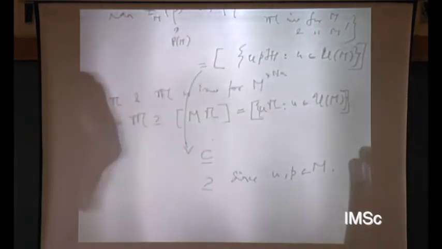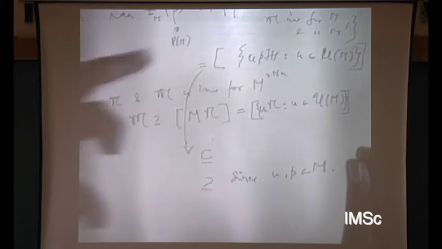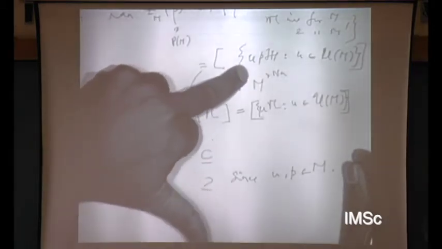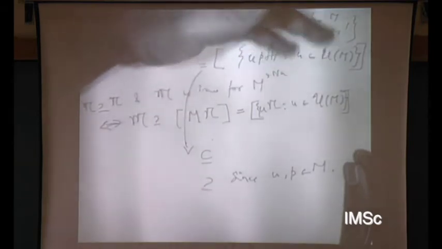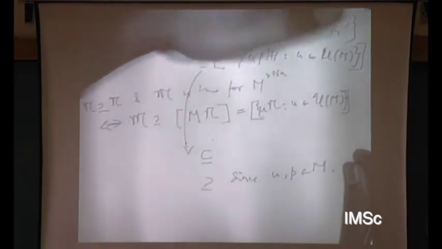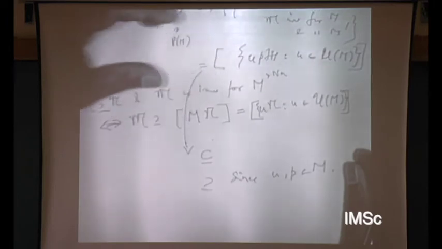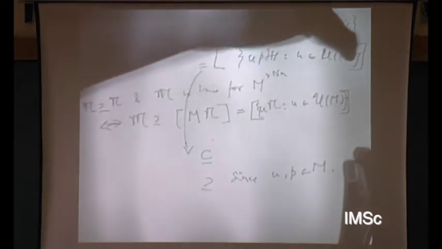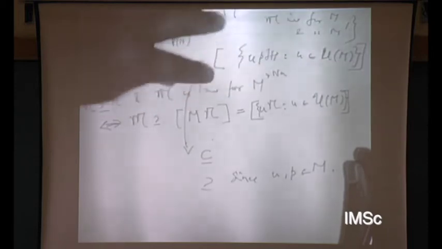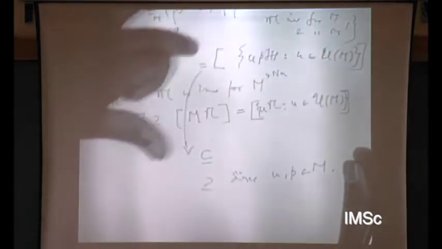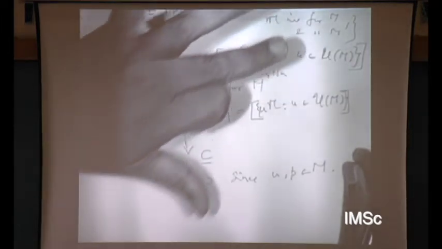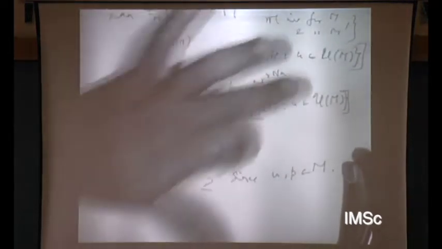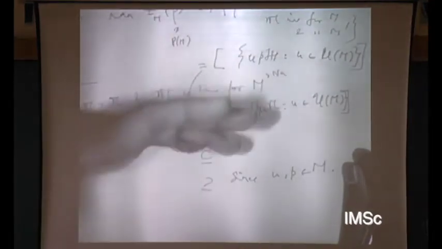If we take an x prime in M prime and hit it on a vector of this form, U P xi, x prime U P xi is U P x prime xi. So that is again in U P of H. So this set is invariant under every x prime in M prime, and consequently this is a closed subspace containing the range of P, invariant under M and under M prime, and it is the smallest one.